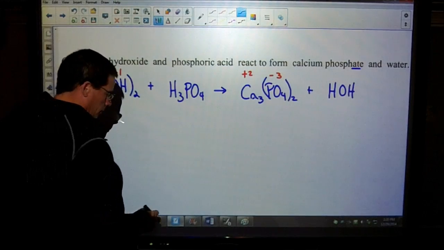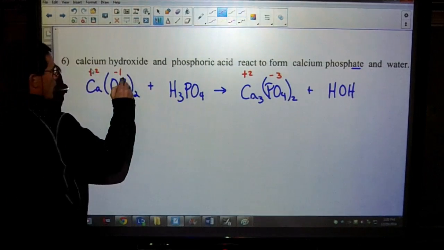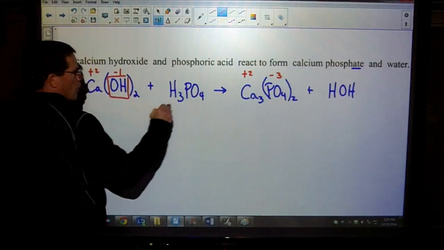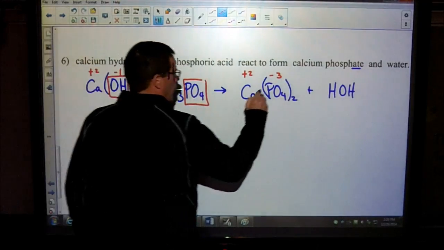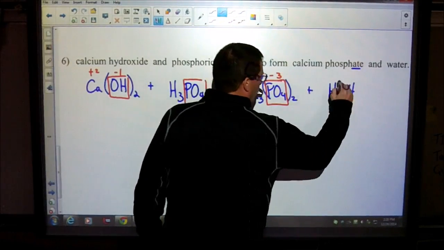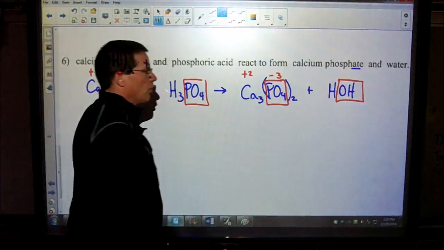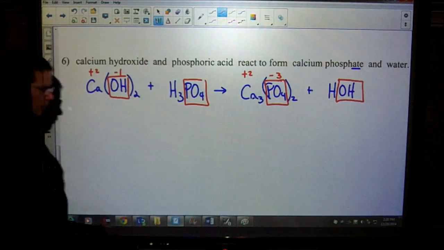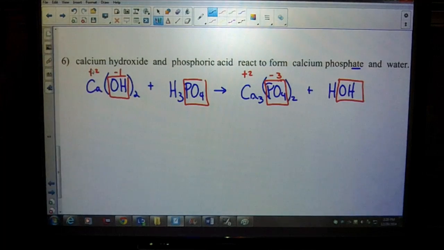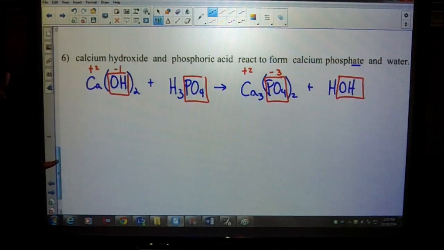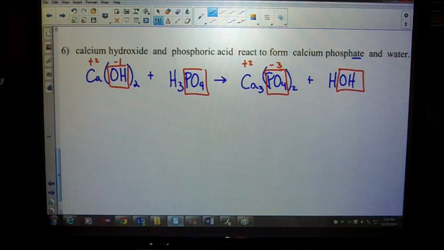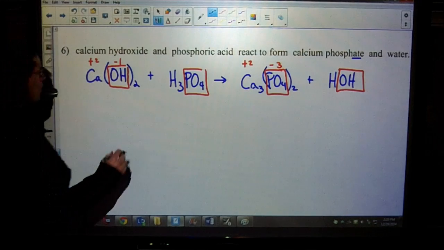So here, we actually have a poly here, a poly here, a poly here, and a poly here. So that makes it nice. All the nonmetals are polyatomics, which makes this an extremely easy problem to balance out. Or you can do the inventory and do it the long way, but that's your call.